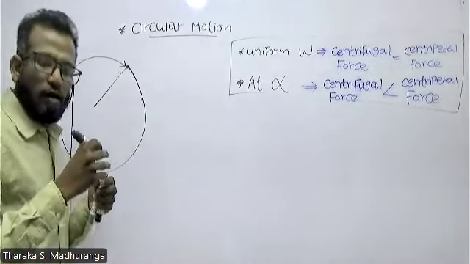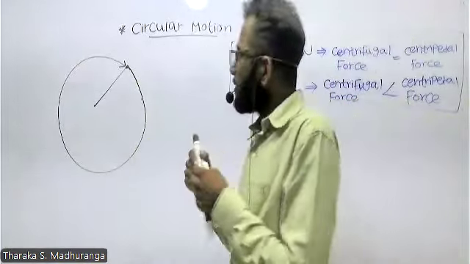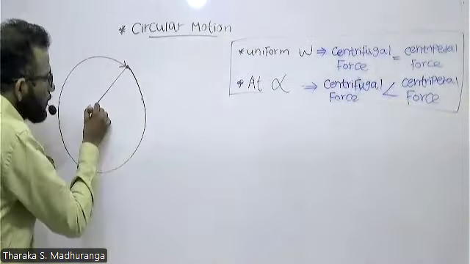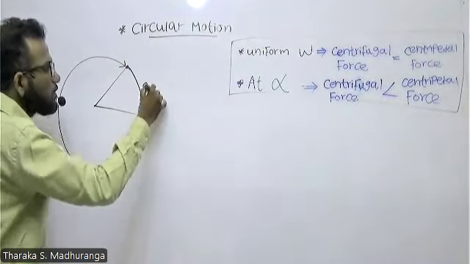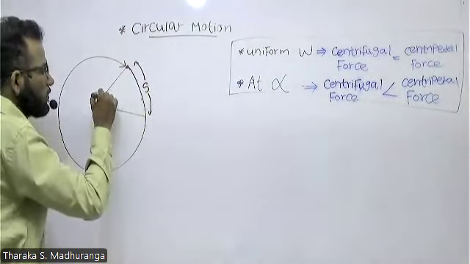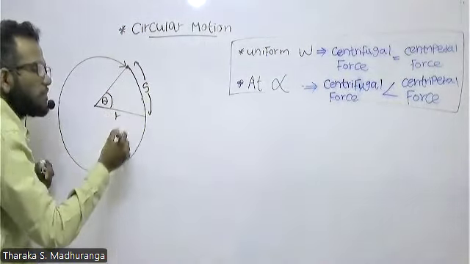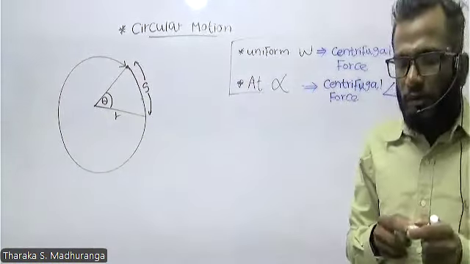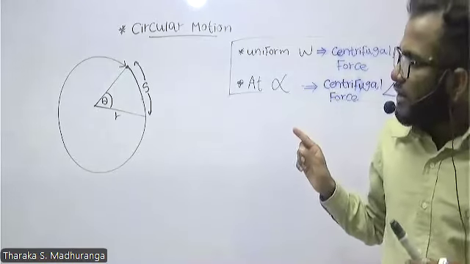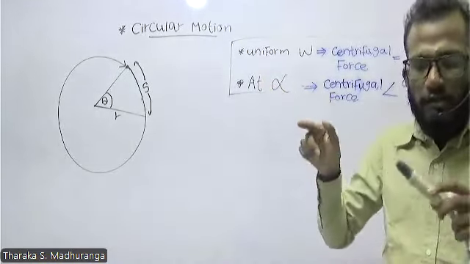If I take this arc length of the rotation, the angle is theta, the radius is r, and the arc length is s, the rotating distance.